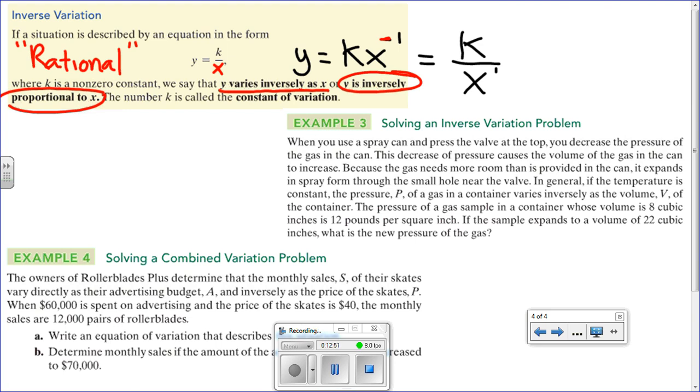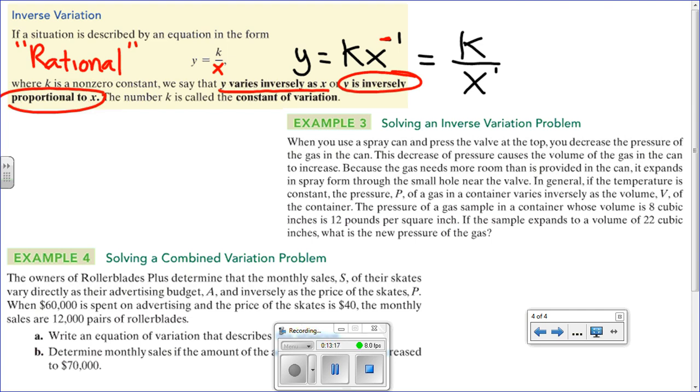So this question says, when you use a spray can and press the valve at the top, like your hairspray or whatever you use, you decrease the pressure of the gas in the can. And the decrease in pressure causes the volume of the gas in the can to increase. So the contents of the bottle have to go somewhere.